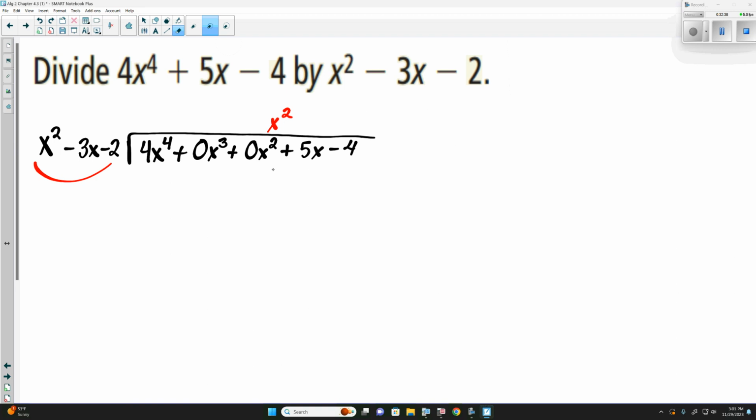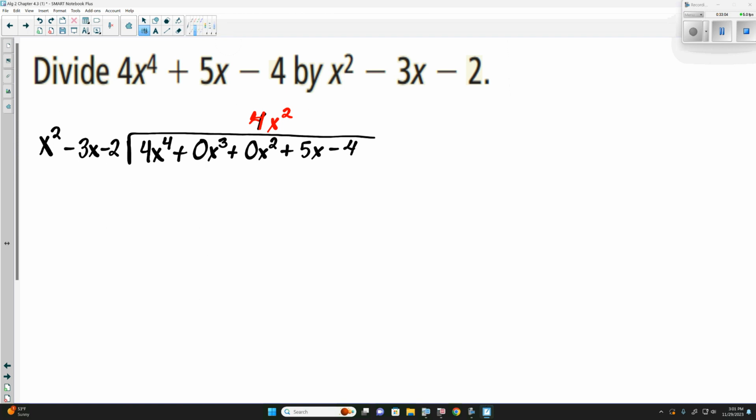So now we just need to see what number in front of our x squared we need to multiply to get 4. What times 1 is 4? So what we need to multiply this first one by is 4x squared.